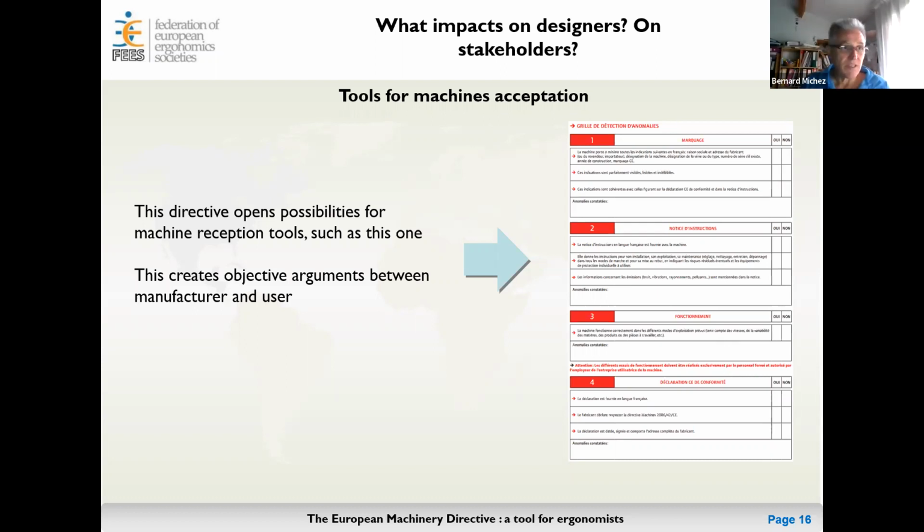So it avoids many mistakes at the reception of a machine, because when the owner buys a machine and receives it, he accepts it, he takes the risks with it once the machine has been accepted.